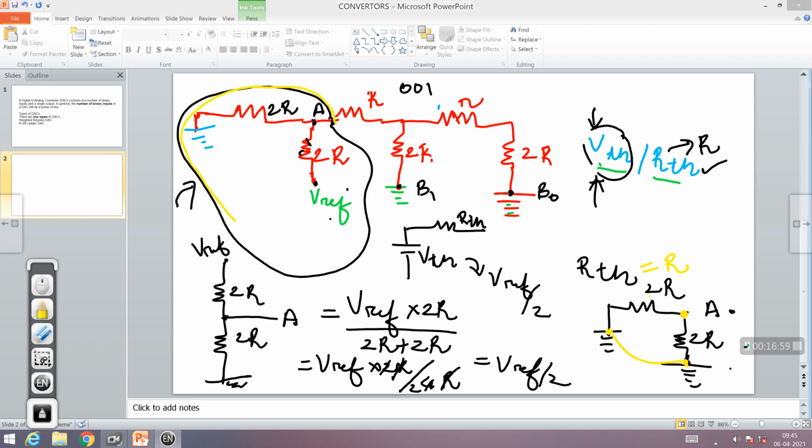So this entire network, I have Thevenized it and I want to replace it. When I find my Thevenin's equivalent circuit, VTH comes out to be Vref by 2, RTH comes out to be R. So this entire thing now I will replace by a single voltage source and a single resistance, and I will redraw it.